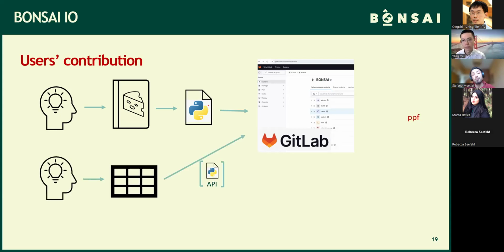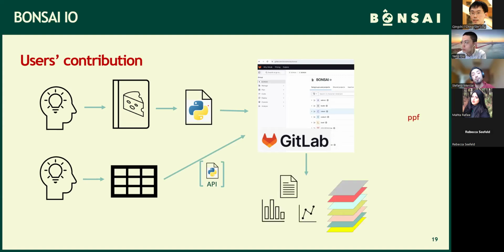The same thing can be done with data. If you are providing a database, you can upload it via an API or the data, and the data can be used by Bonsai.io. And so the result is that another life cycle practitioner, or yourself, can make use of your research. So the idea is to have the contribution from the community.